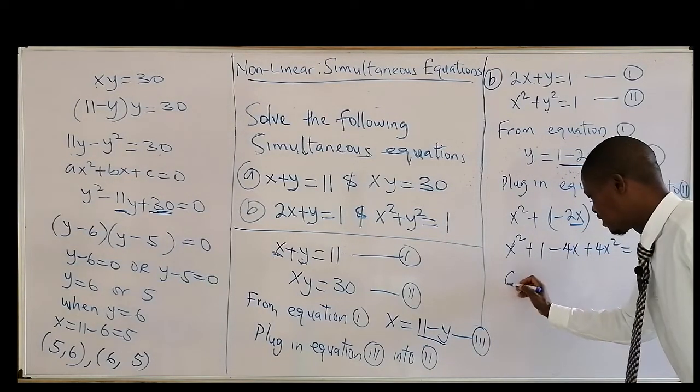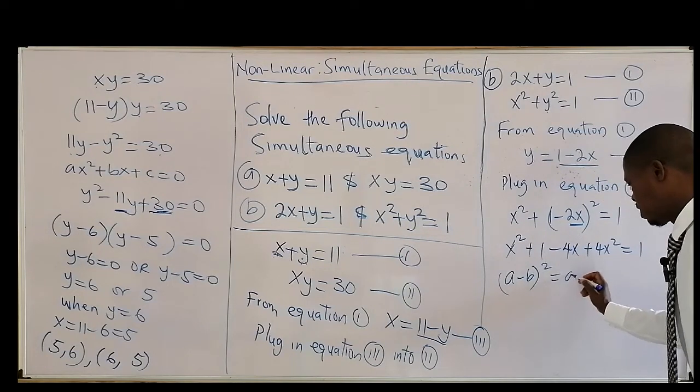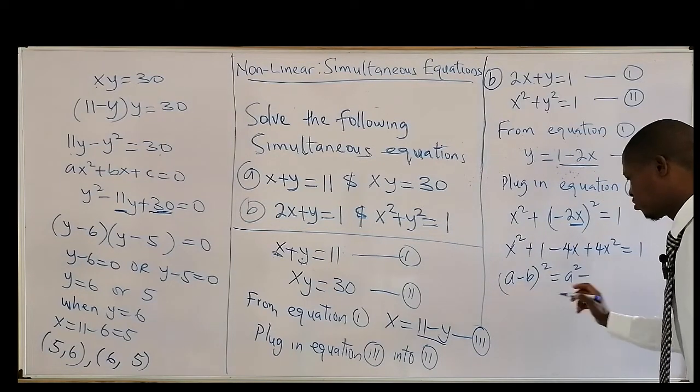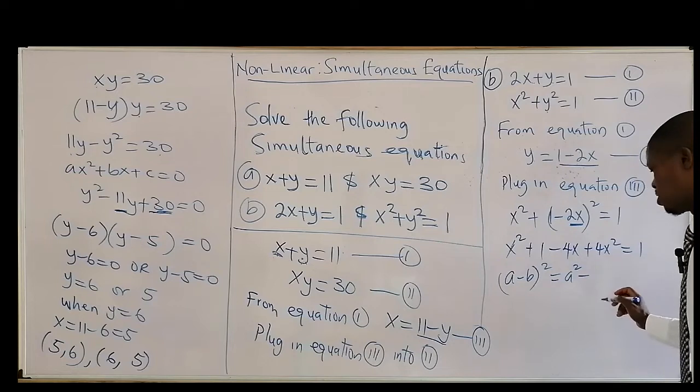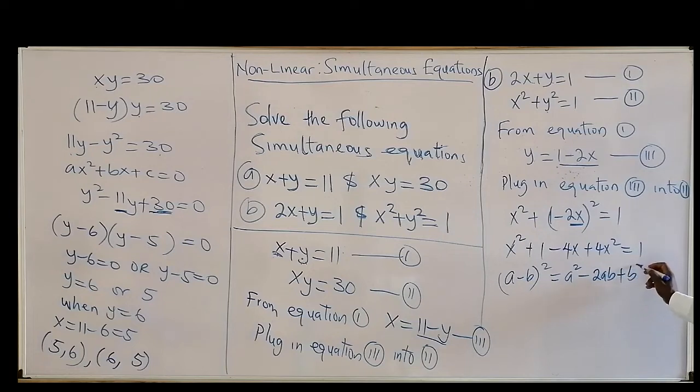I'm using this algebra: (a minus b) squared is a squared, minus 2ab, plus b squared.